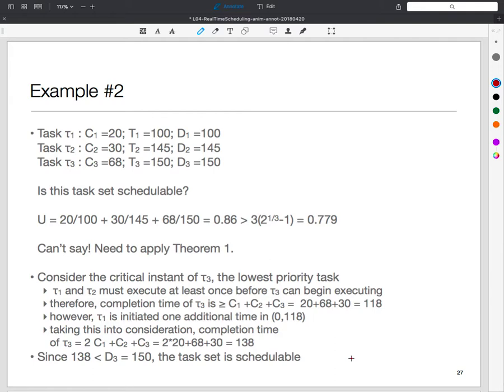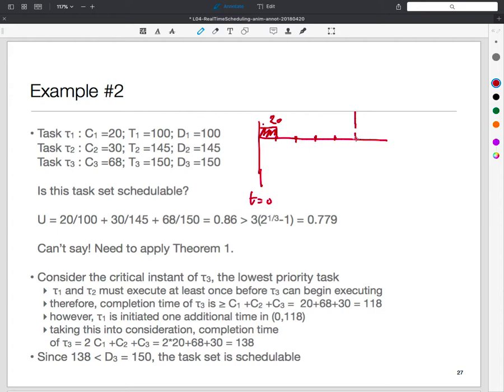Since task 1 and task 2 are higher priority, they will run once each, right? So particularly at t equal to 0, if I were to start drawing, this is t equal to 0. So first thing that will happen is task 1 will run, and it will consume up to time 20. And the next copy of task 1 will arrive at this point, right?